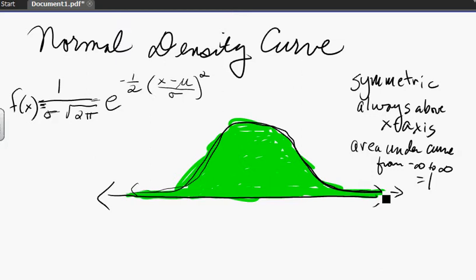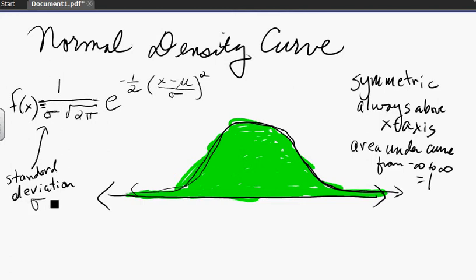The necessary parts in this function are the standard deviation, and we've in the past been abbreviating that S, but we're going to abbreviate that with this lowercase sigma.